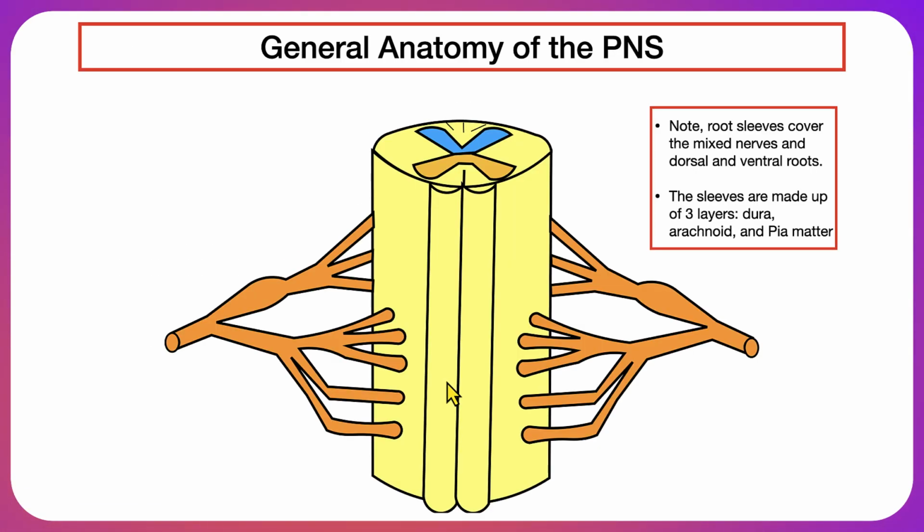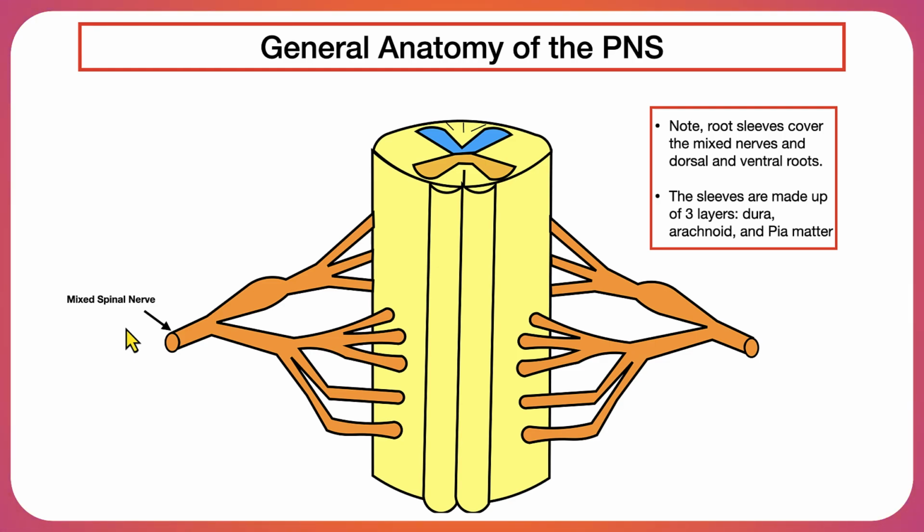So the last thing that I would like to look at is this diagram here. This diagram shows a very simplified view of the spinal cord without any of the dura, arachnoid, or pia mater surrounding it. So let's take a look at the different parts of this diagram. The first thing that we see here is a mixed spinal nerve.